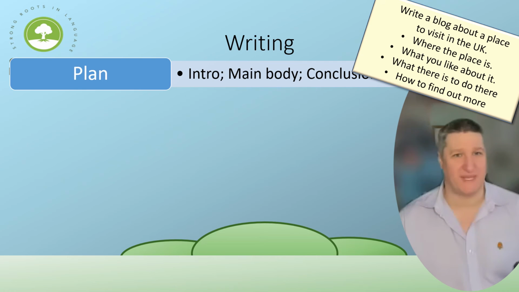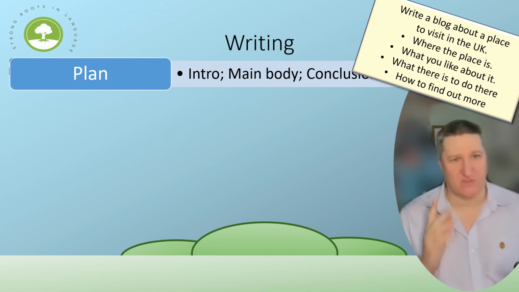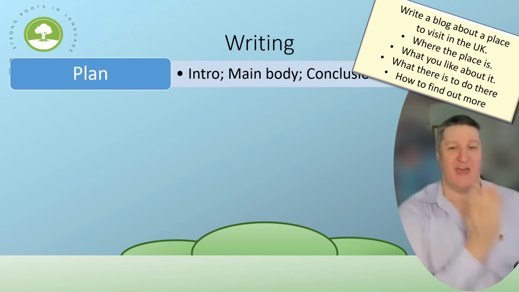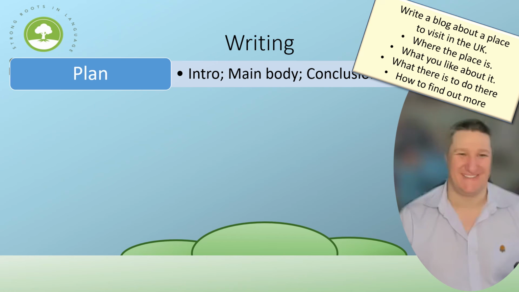Write about where the place is, what you like about it, what there is to do there, how to find out more. Remember, you'll not be marked on the accuracy of the information, only the quality of your writing. So if you want to write that there is a roller coaster that goes over, under and through Stonehenge, it won't lose you any marks.